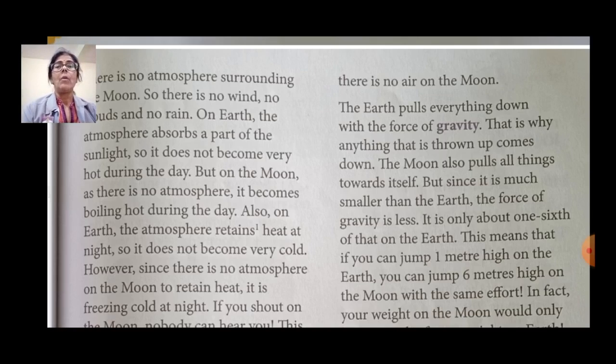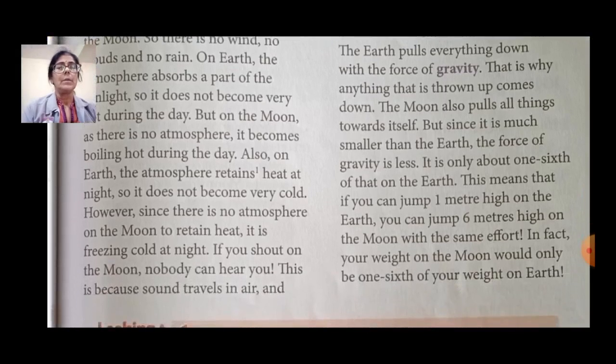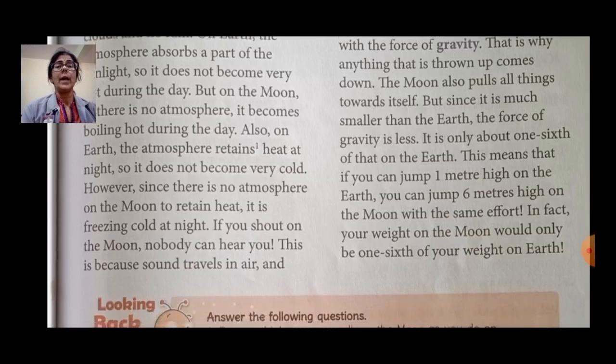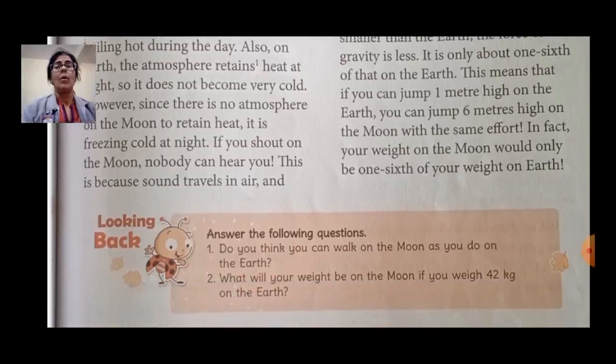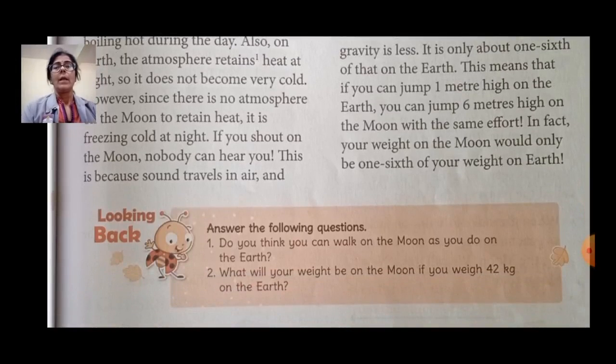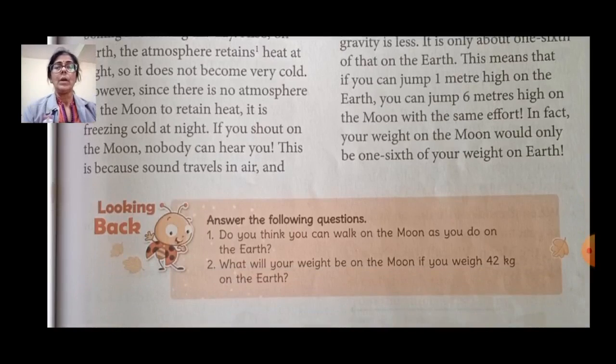Here if you take one step, there it will look like you move 6 steps from the place wherever you are standing. In fact, your weight on the moon would only be 1/6 of your weight. Only 1/6 part of the weight we have on the earth, we will have on the moon.